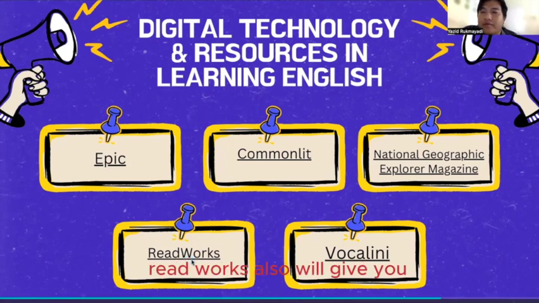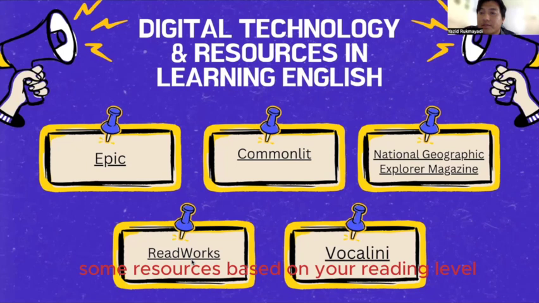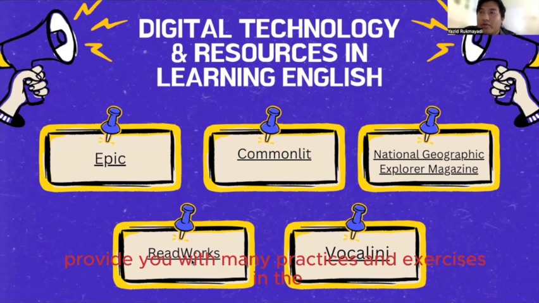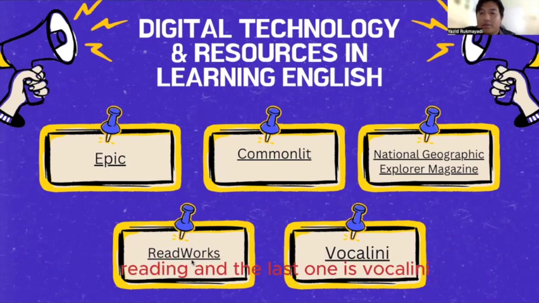ReadWorks also gives you resources based on your reading level, so it's very good if you want to improve your reading skill, and it also provides many practices and exercises in reading.